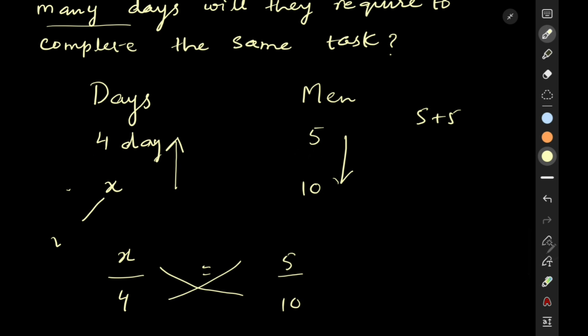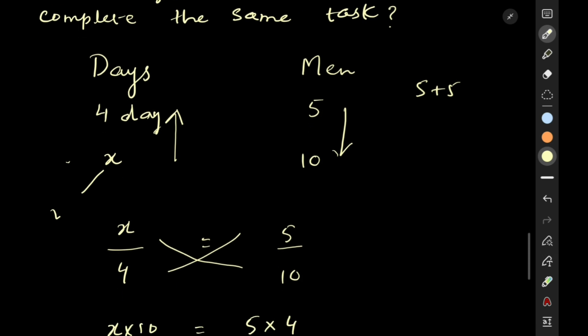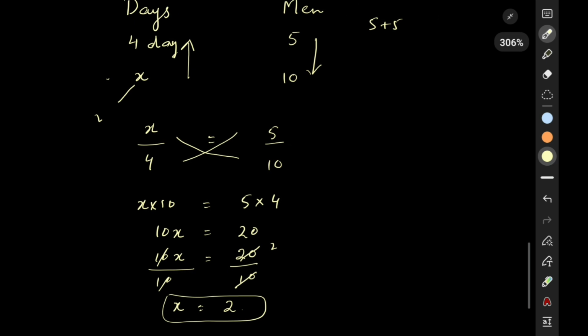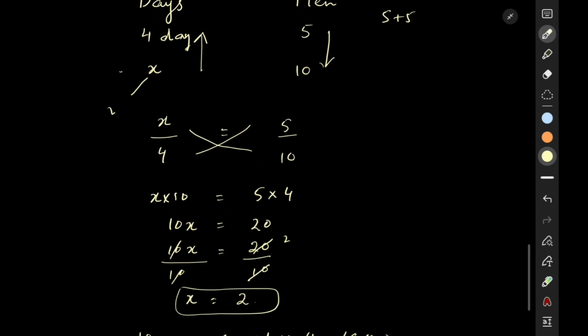So the problem is about inverse proportion. As the number of men increases, the number of days decreases. So in this way we can solve the problems related to inverse and direct proportion.